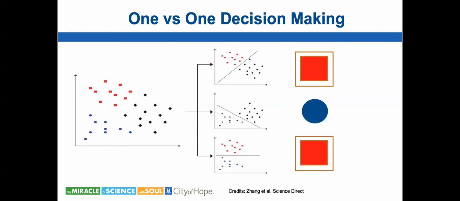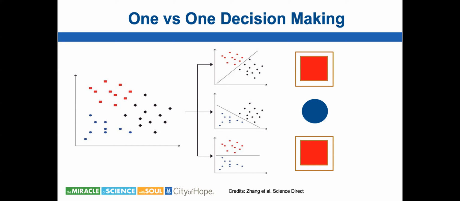Now, based on these two strategies, there could be some challenges. In particular, let's say with one versus one, if you had 10 different classes, the number of combinations that you have would be drastically different than what you see here. In fact, it's going to be numerous. And when that happens, you have a more challenging scenario where being able to get a tally like this of seeing which class is predicted the most becomes more and more difficult.